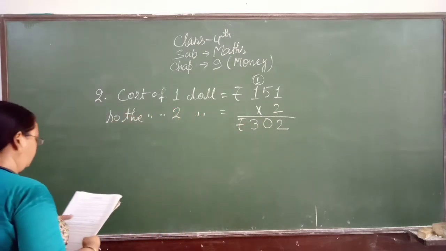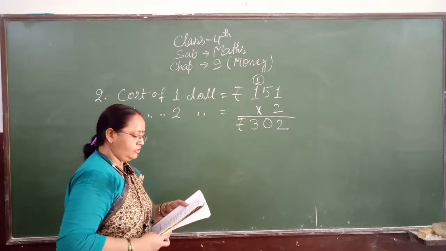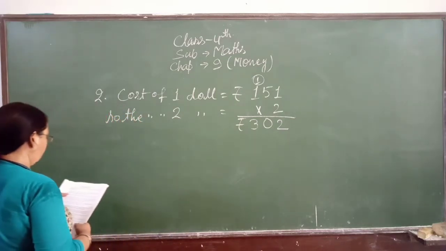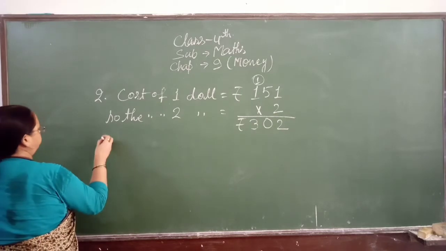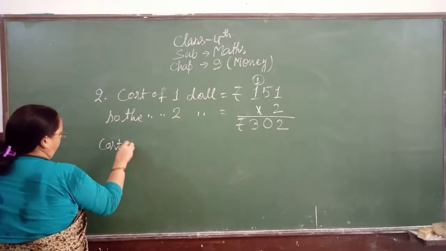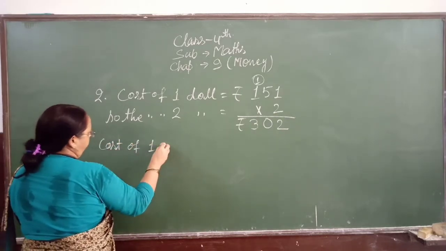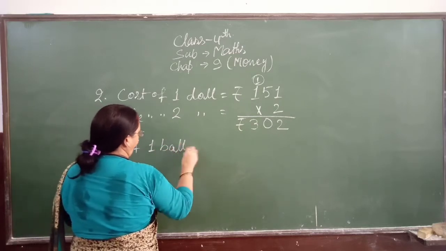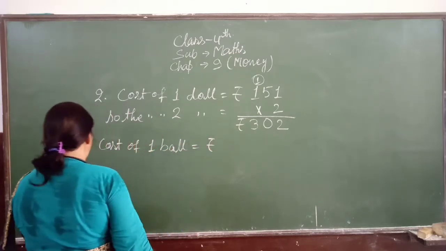And Arun also bought balls. Cost of 1 ball is equal to rupees 35.